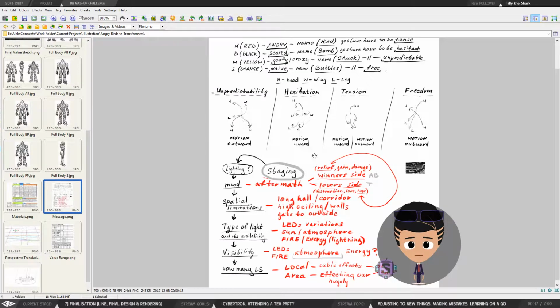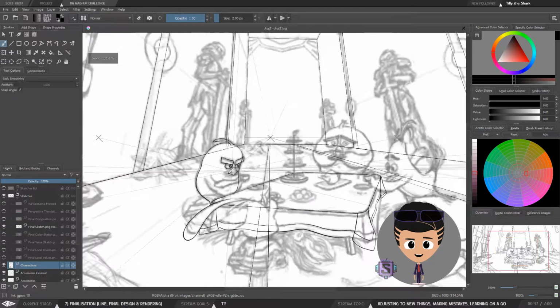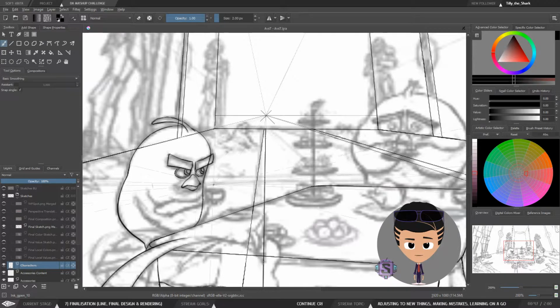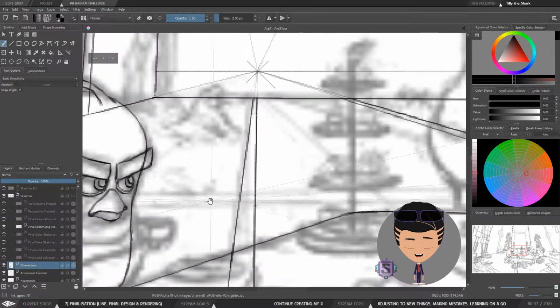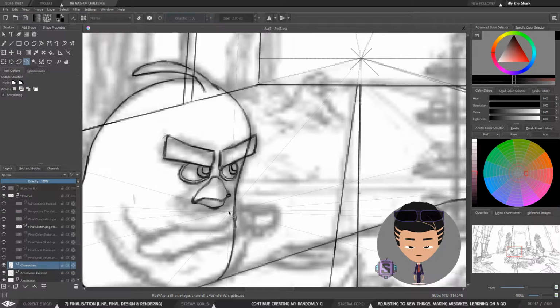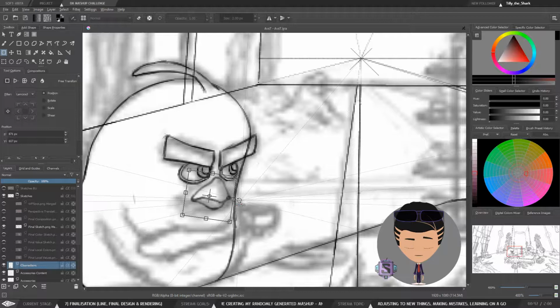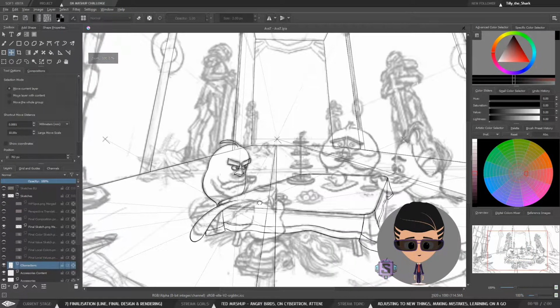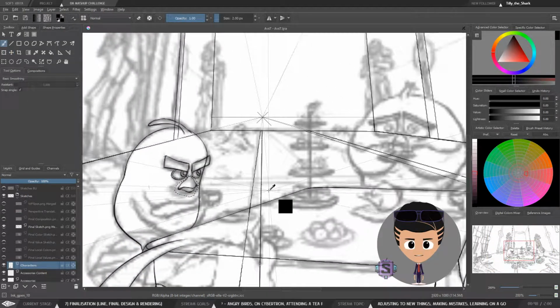Dynamic for tension looks, could it look like tension? Or to make it more tense, we need to. I like this one better.